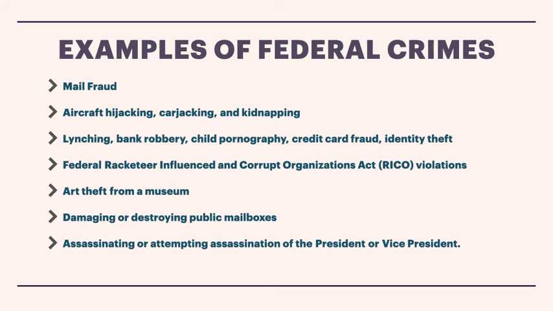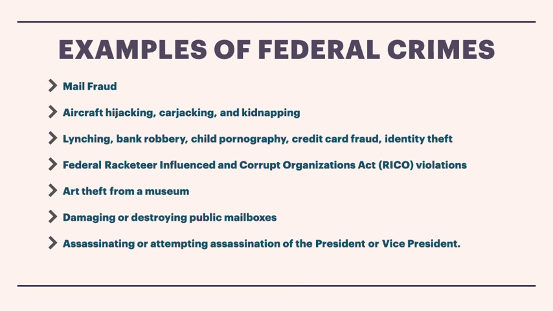So what kind of things could land you in front of the Supreme Court, right? This is a federal court, and so there are state laws that can get here, but it's much more likely they're going to deal with federal laws. So I put some cool federal laws here. Mail fraud is one that will get you there. Hijacking, kidnapping, carjacking, those sorts of things.